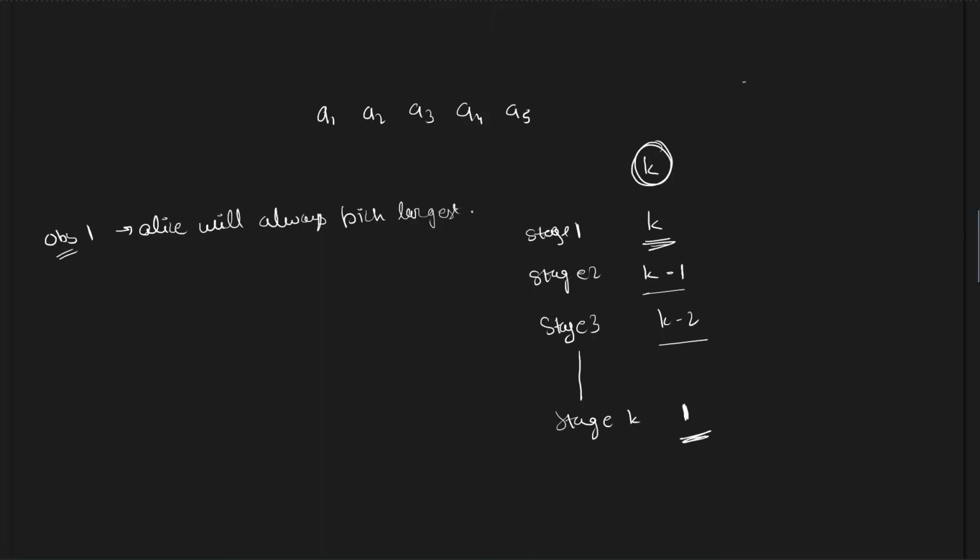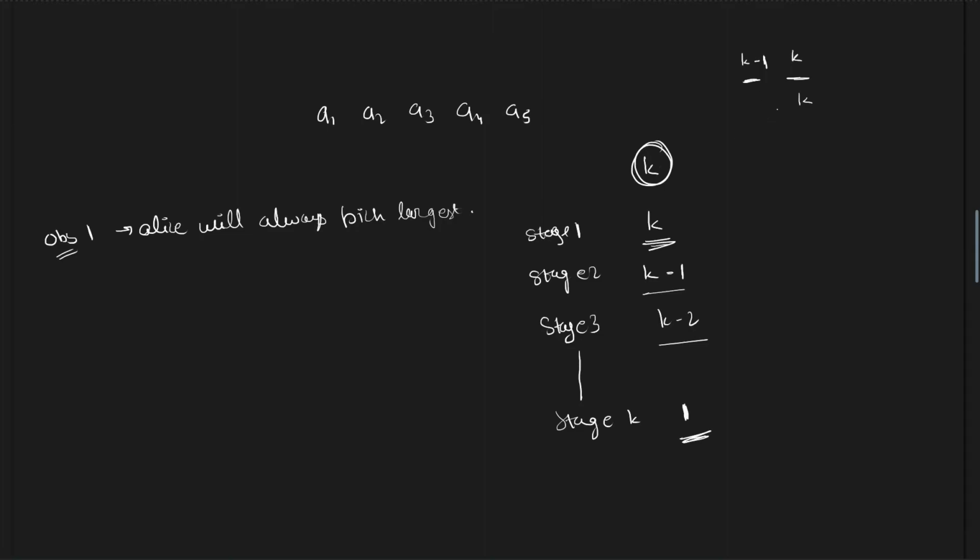Because if Alice has two choices, for example, where we have to choose an element less than or equal to k, and we have exactly k here and exactly k minus 1 here. Let us not think about Bob, and consider only the case in which Alice is playing the game and Bob is not present.